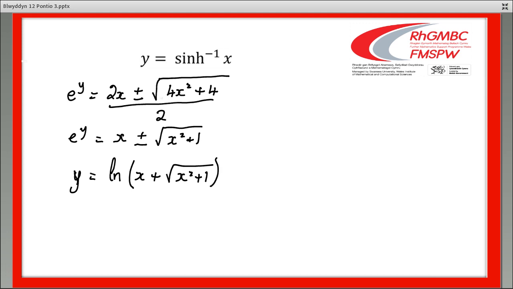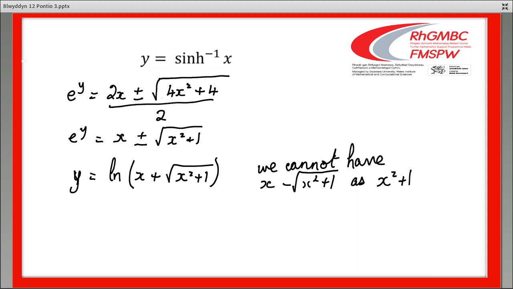Now, the reason it's plus and I've dropped the minus is the fact that we cannot have x minus the square root of x squared plus 1, because the square root of x squared plus 1 is going to be greater than x.